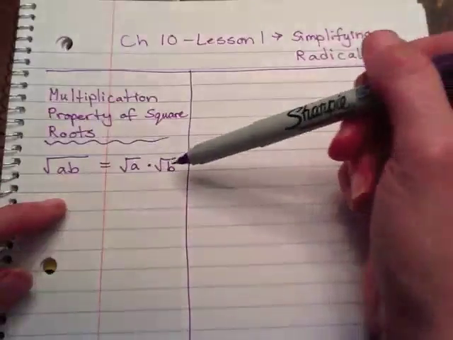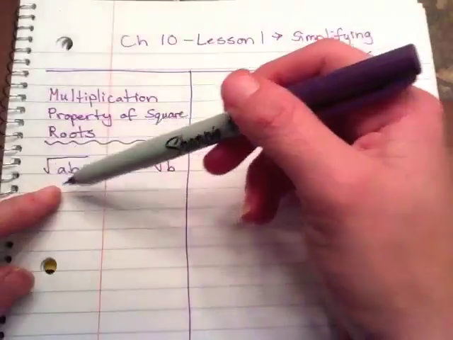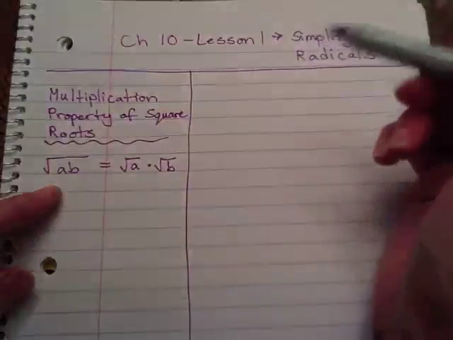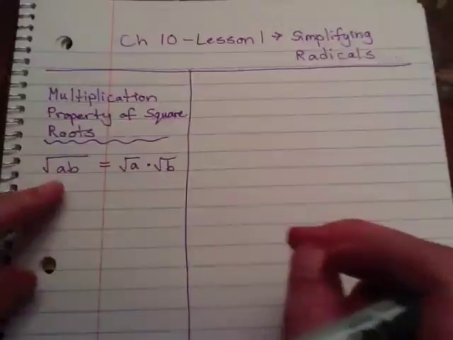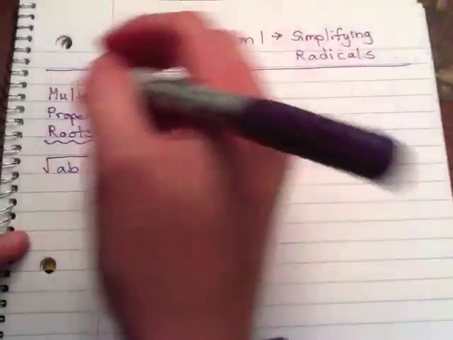If you have the square root of A times the square root of B, you can multiply those together and you'll have something under one square root together. So you can split stuff up or multiply it together as long as it's all under a square root.